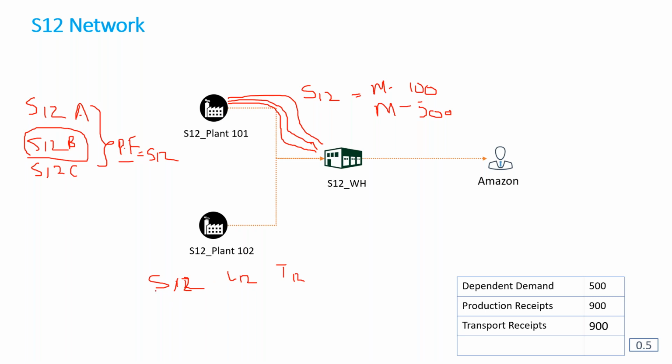S12 will have 10 different mobile phones, 10 different SKUs with 10 different production versions, all made inside 102. Laptops have 5 different SKUs, all made inside plant 102. T12 has 3 different kinds of tablets, also made inside plant 102. Then the optimizer will come up with a supply plan if the demands are there for all of S12.